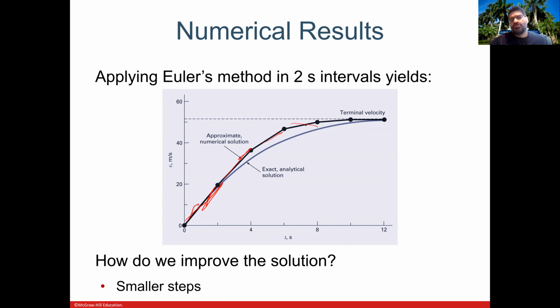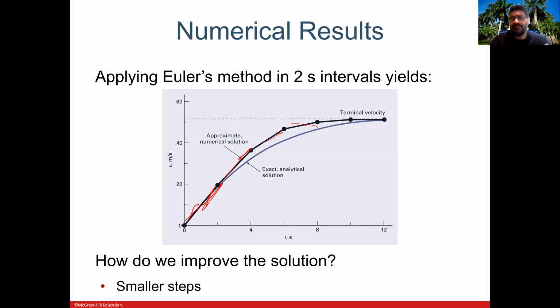So what we did is break this into steps and intervals. If you look at the shape of the plot in black, it is not really as accurate as the exact solution. However, that's probably because we took the steps as 2-second intervals.